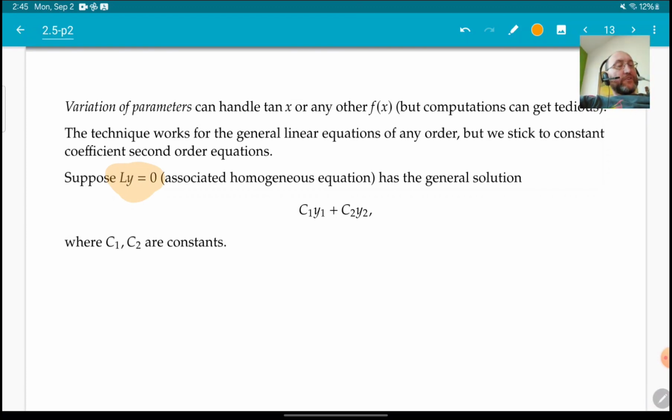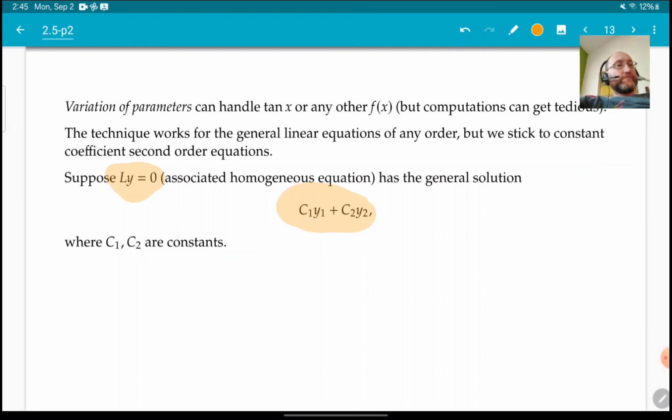That's the homogeneous equation. And suppose we found two linearly independent solutions, y1 and y2. And so by taking a superposition of them, we have the general solution. When we plug that into L, it just disappears.